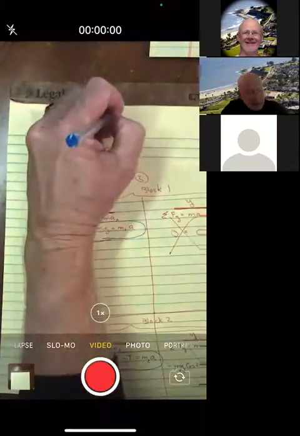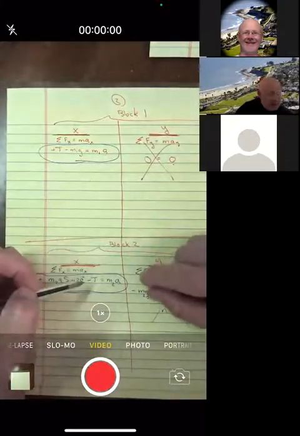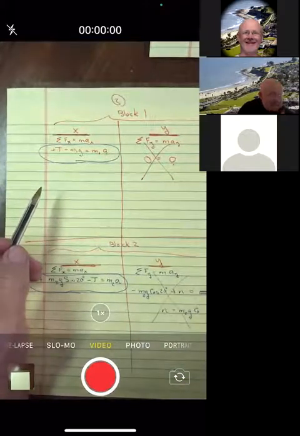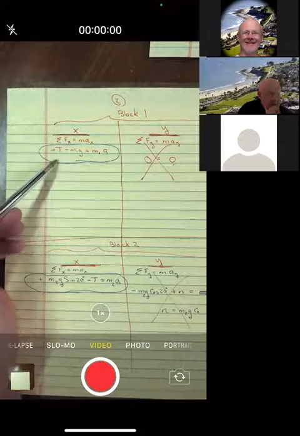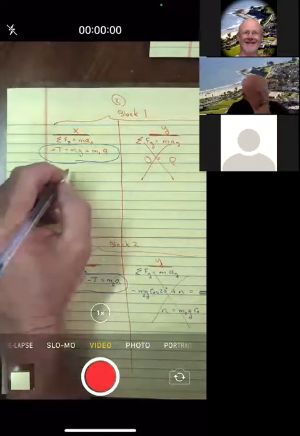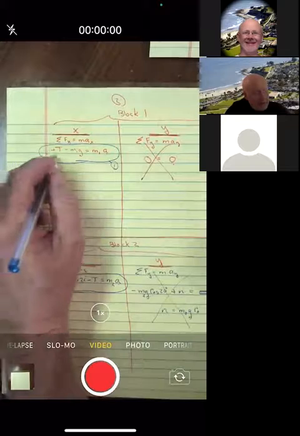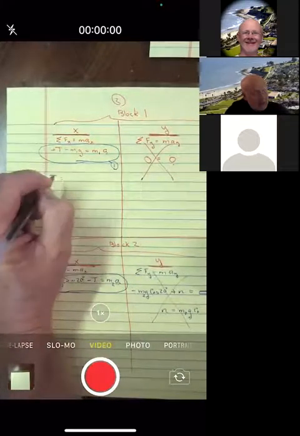So let me come over here to page 3 and say, all right, I want a greater than 0. So why don't I do this? Why don't I eliminate the tension in here? So why don't I take equation number 1, or the equation for block number 1 in the x direction, and solve it for tension.